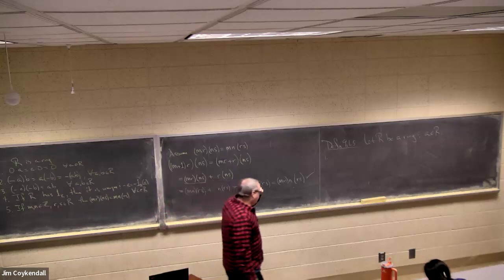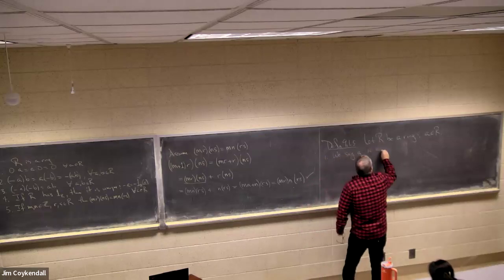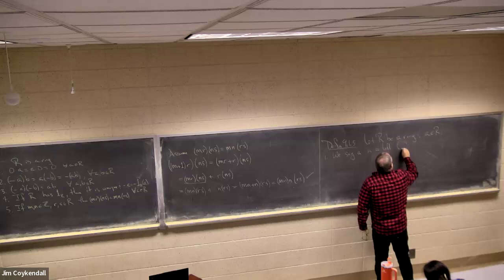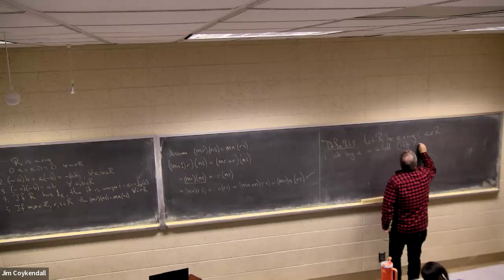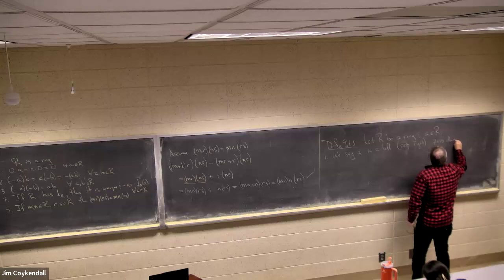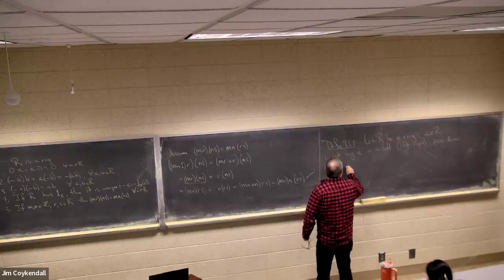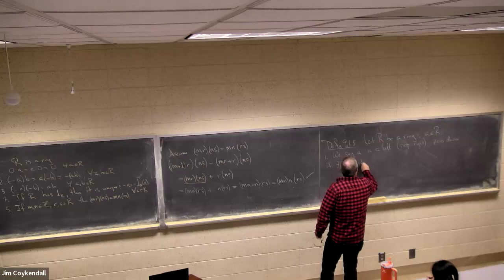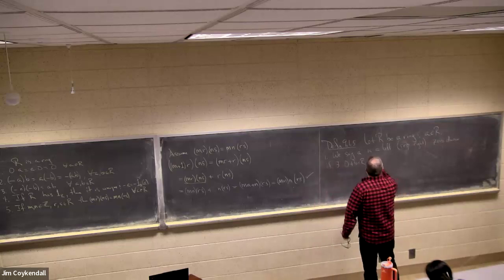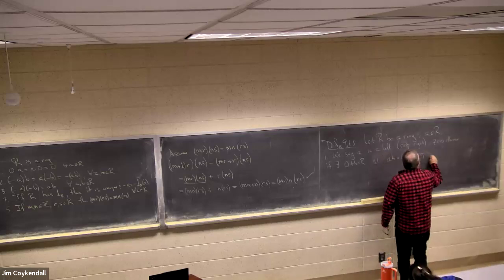We say that A is a left, respectively right, zero divisor, if there exists, and this is important, a non-zero B in R such that AB equals 0, or respectively, BA.